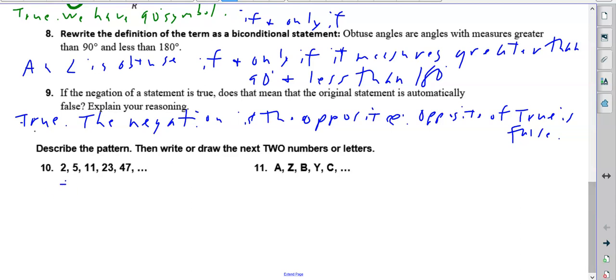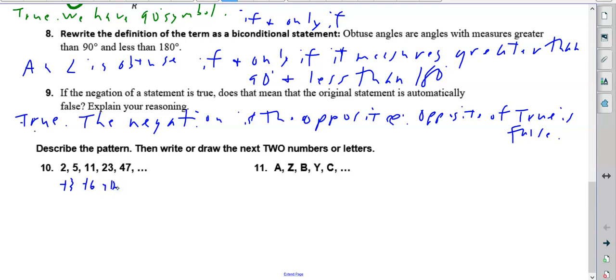So from 2 to 5, I'm adding 3. And then I'm adding 6. And then from 11 to 23, now you might think, oh, 3, 6, 9. Well, 9 plus 11 is 20, so that's not it. So 3, 6, from 11 to 23 is 12.